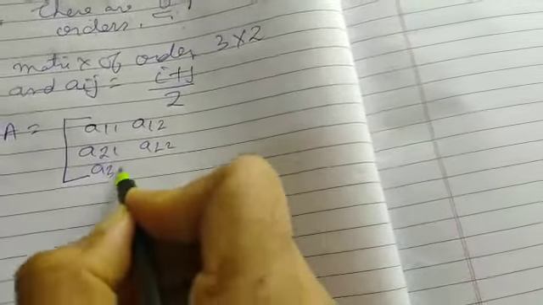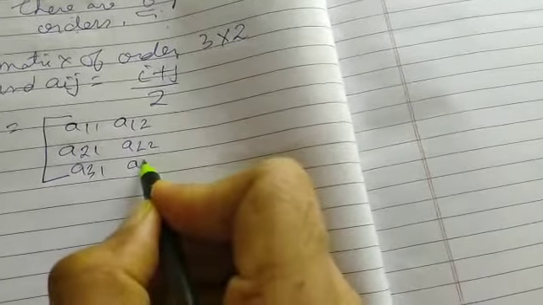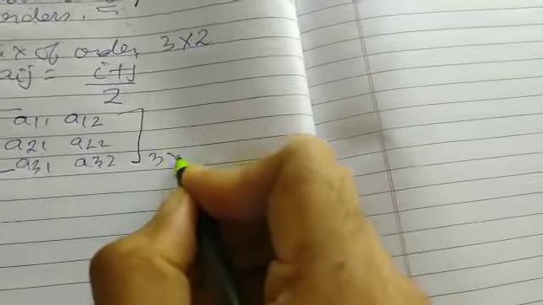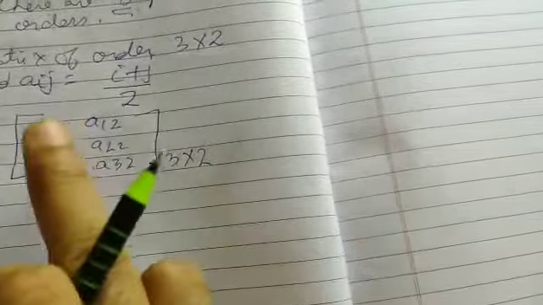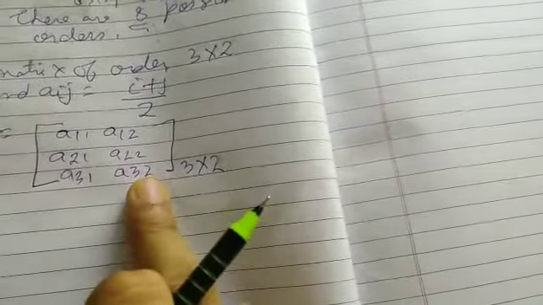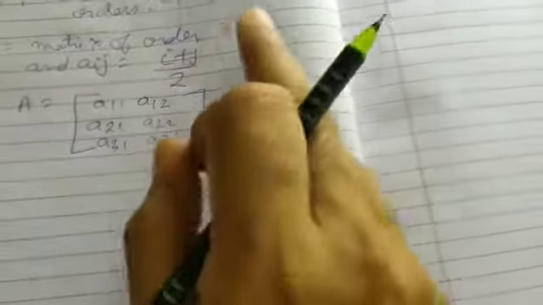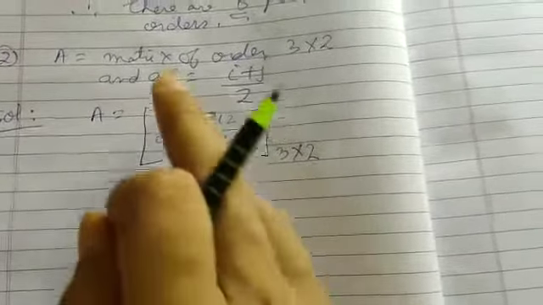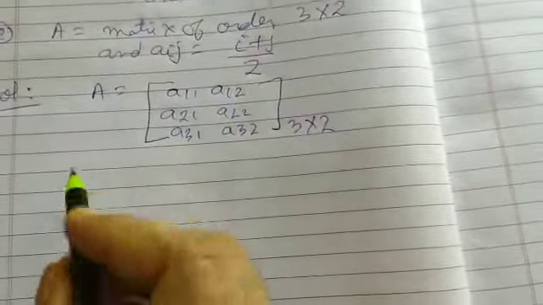Then we have A31 and A32. The order of this is 3 cross 2: 1 row, 2 rows and 3 rows, and 2 columns. Now we have to fill in the elements.